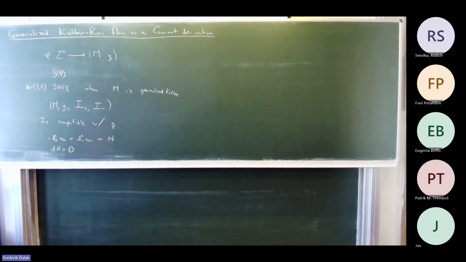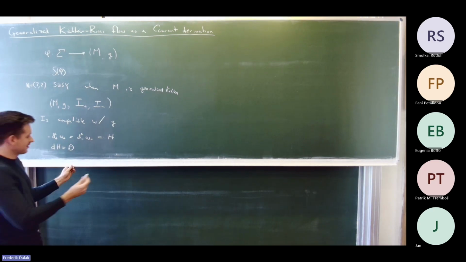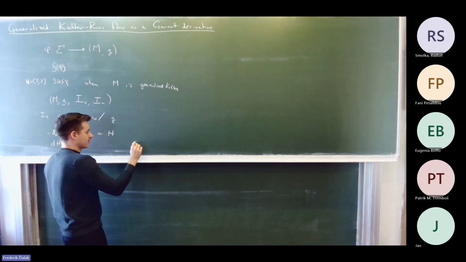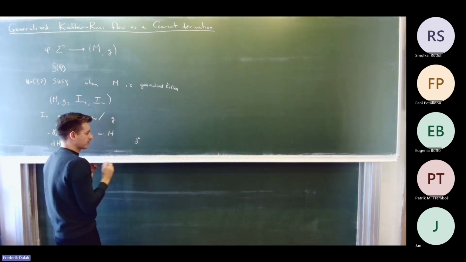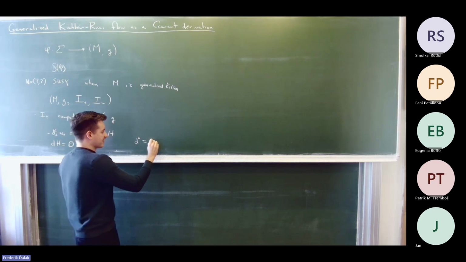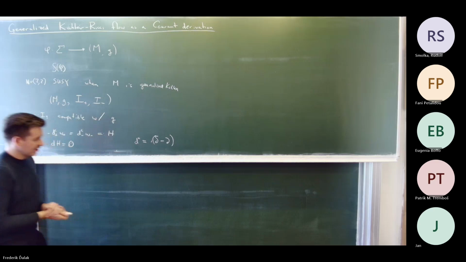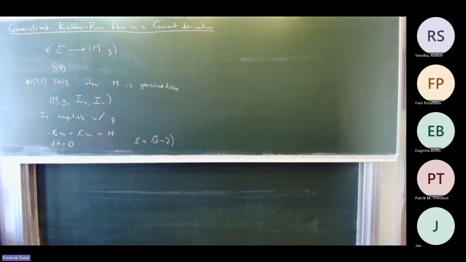What is d^c plus minus? I have a pair of complex structures, and for each complex structure, I can produce a d^c operator, which is i times (del bar minus del), a real operator on the space of differential forms.